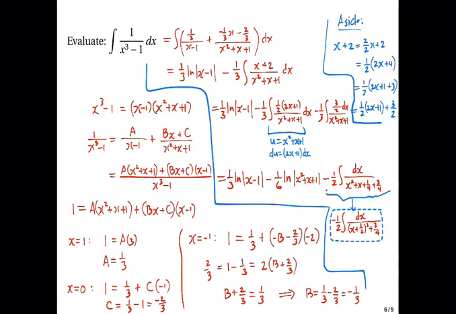Then, what will happen to that? We use trig sub. It's a plus. So we continue in here.